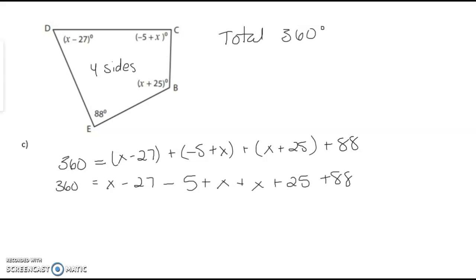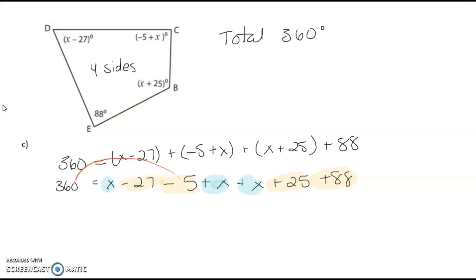Now we're going to collect all of our numbers on one side. So I'm just going to highlight. Okay, so -27, -5, 25, 88, and then just for fun, we have our x, plus x, and a plus x. Okay, so remember, when we move the numbers over, it goes from a negative to a positive.